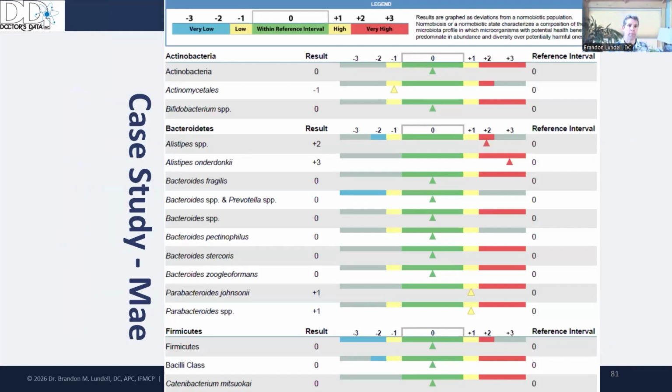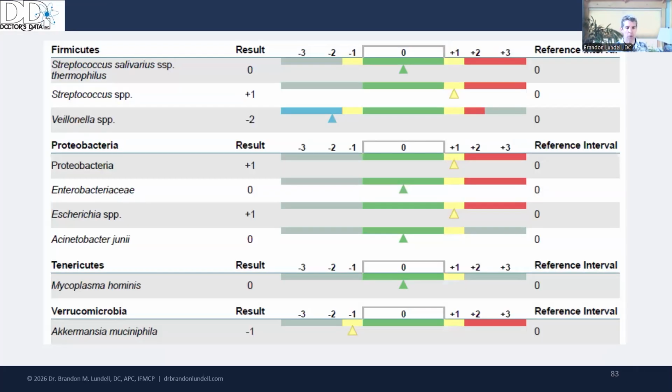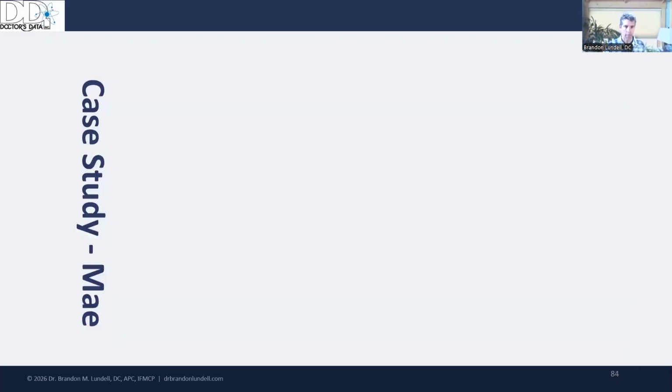So high Allistipes and Parabacteroides. She had low Akkermansia, which, as you know, is an indicator of dysbiosis. You don't have to give someone Akkermansia, but it also predicts severity of disease. So whether Akkermansia is high or low, that can be an indicator of needing treatment right away.